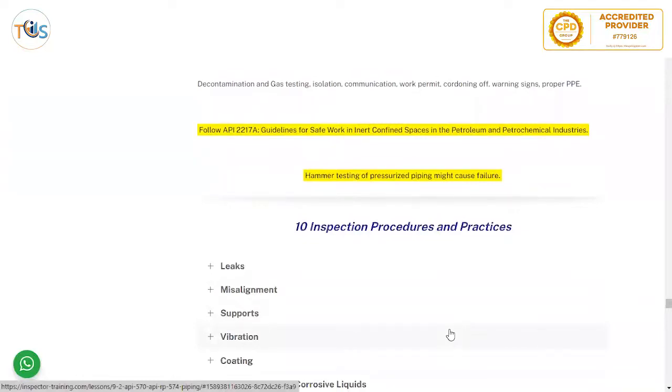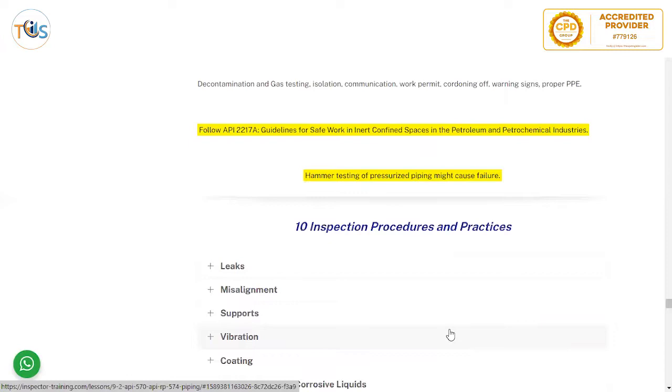Safety precautions and preparatory work include decontamination and gas testing, isolation, communication, work permit, cordoning off, warning signs, and proper PPE. They are the main areas that prevent accidents. Follow the API 2217 guideline for safe work in inert confined spaces in the petroleum and petrochemical industry.